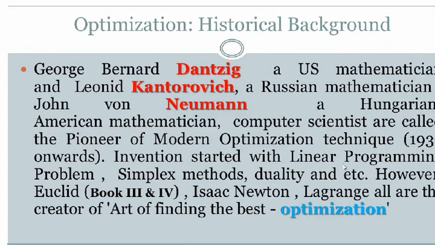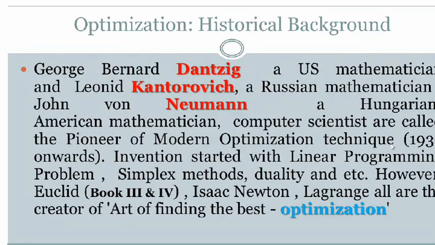However, if these three persons are the pioneers of modern optimization technique, what did other honorable persons do in their lives and how did they contribute to our real world?